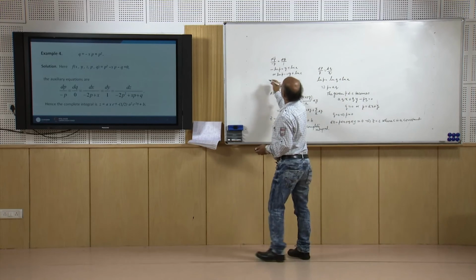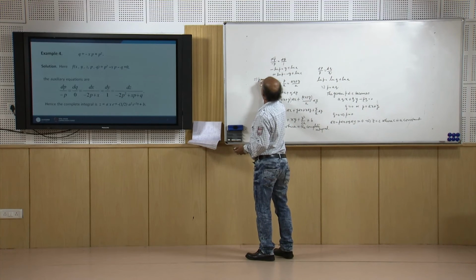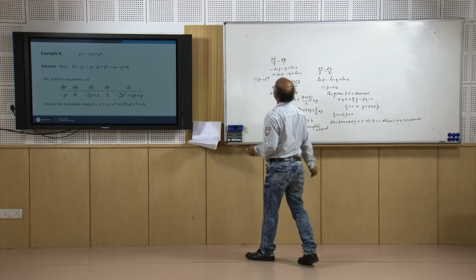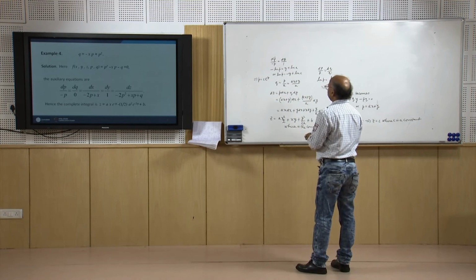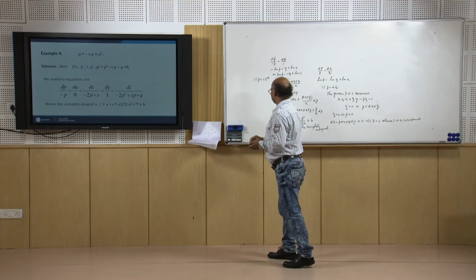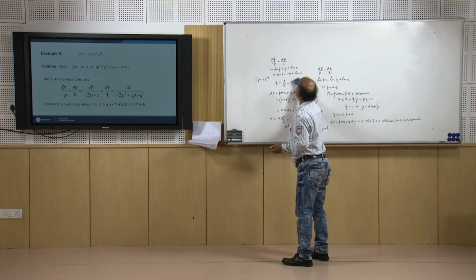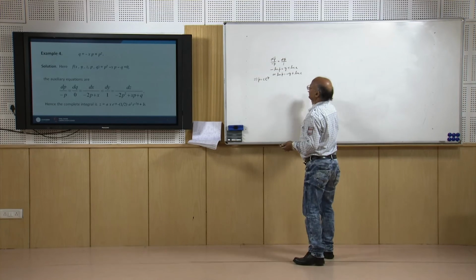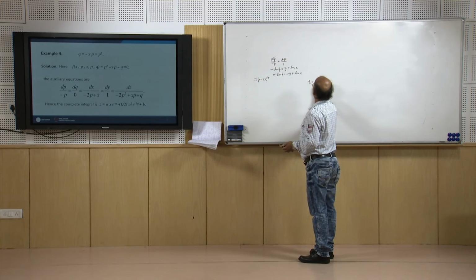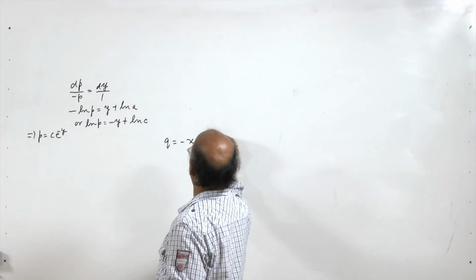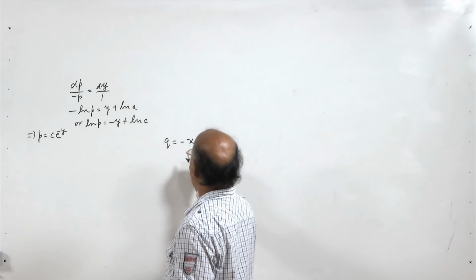So, p is equal to c times e to the power minus y, and once we have p, we can find q from the given equation, q equal to minus xp plus p square. So, let us put p equal to c e to the power minus y.